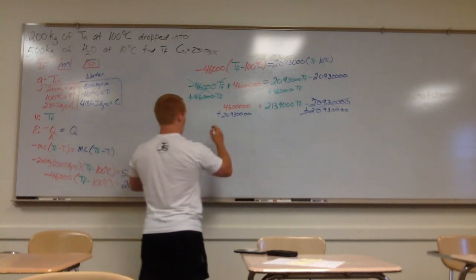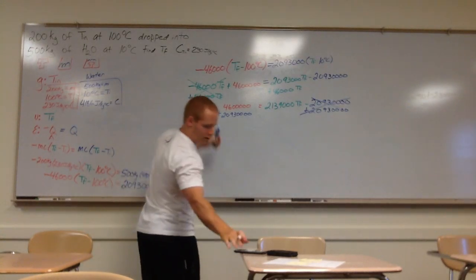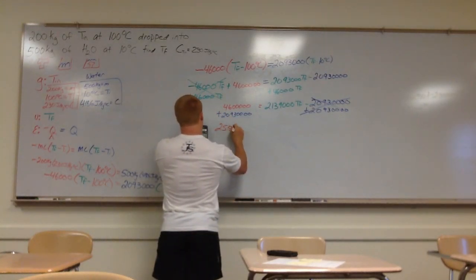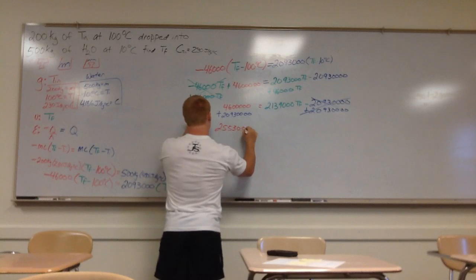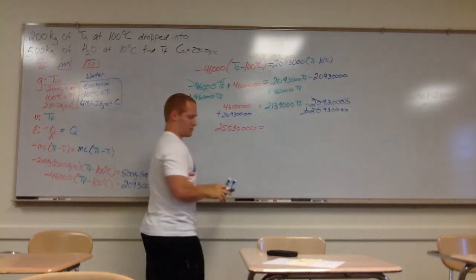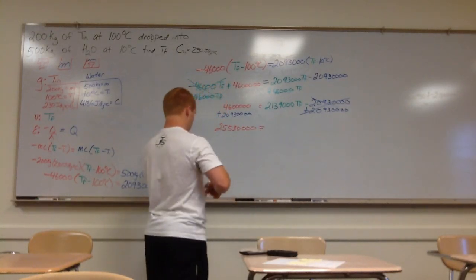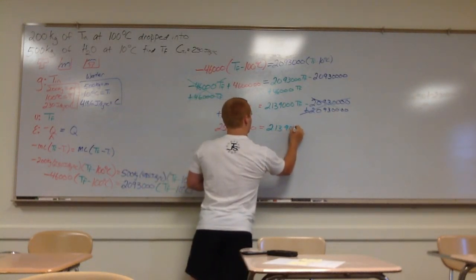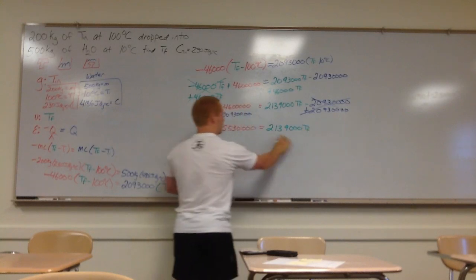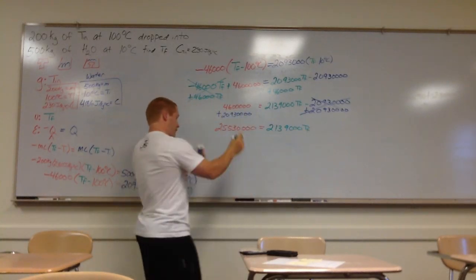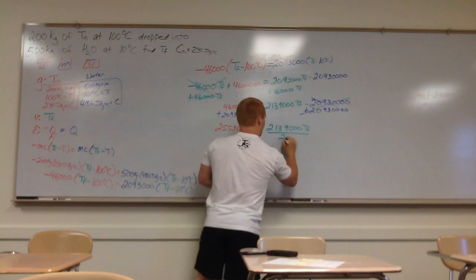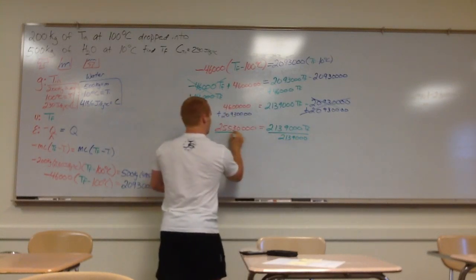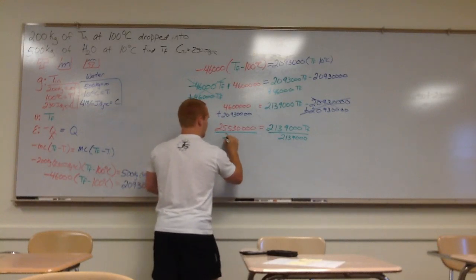So it doesn't matter if this is blue or red, I'm just going to write whatever's in my hand. So 25,534 equals 2,139,000 TF. Now we're going to divide TF by the number in front of it, its coefficient. So we're going to divide both sides, and this is going to get us what TF's value will be.